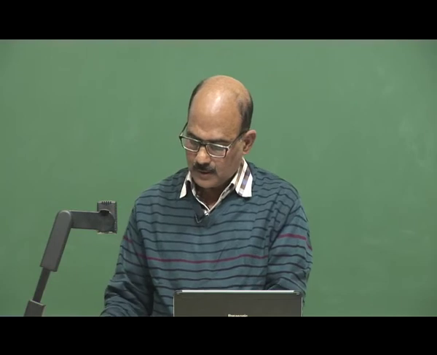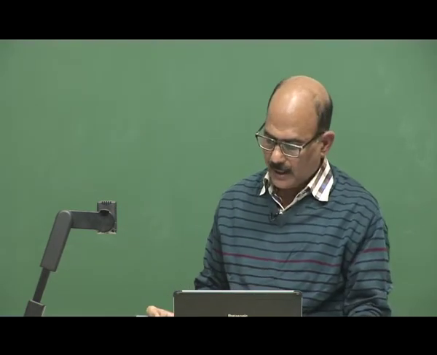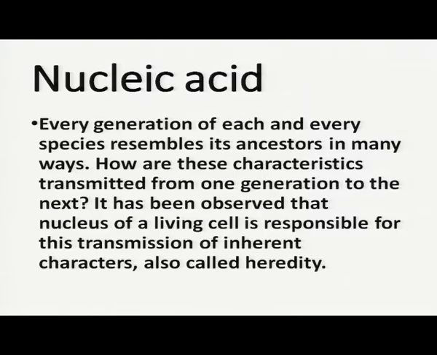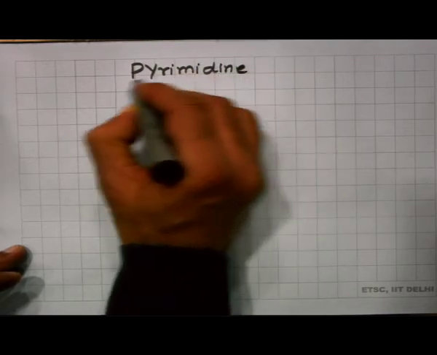Now, when we write the structure of guanine and adenine, that is purine, now you can easily write the structure of all 3 pyrimidines.